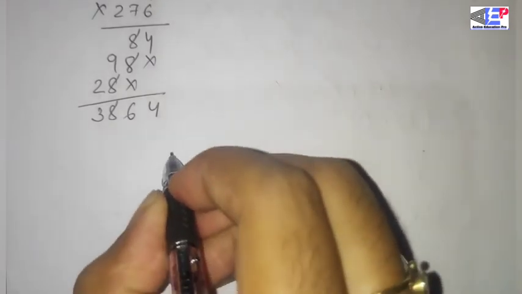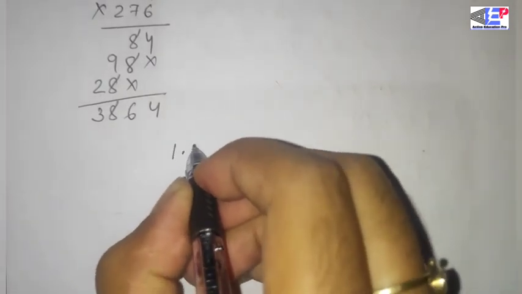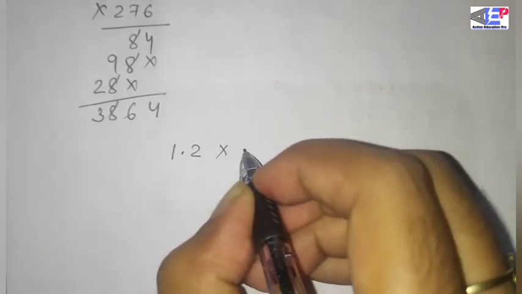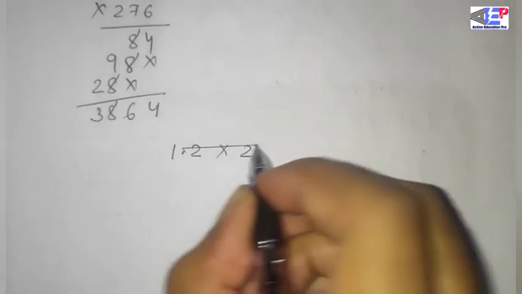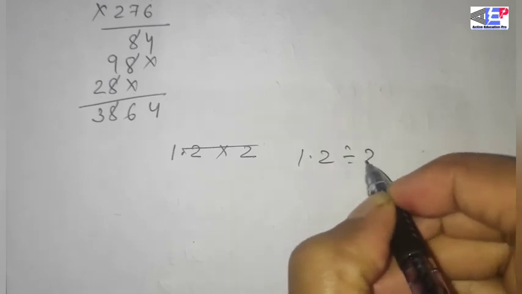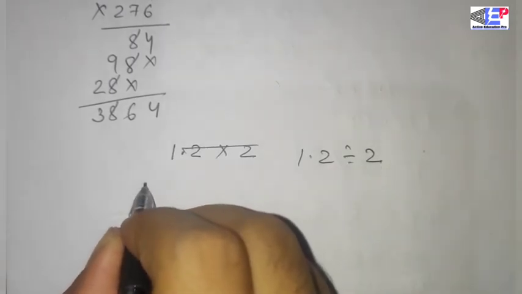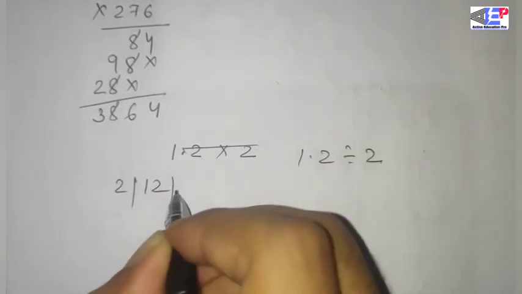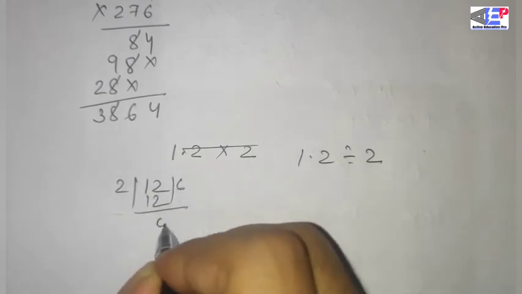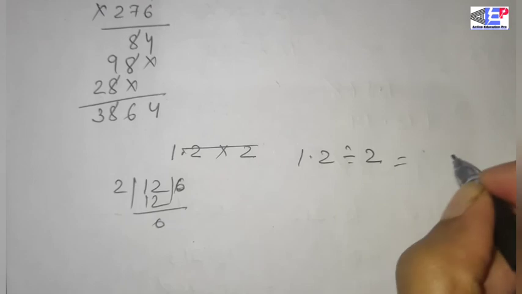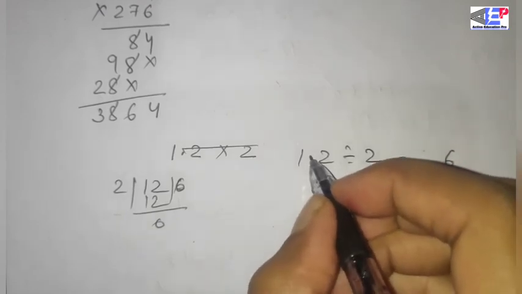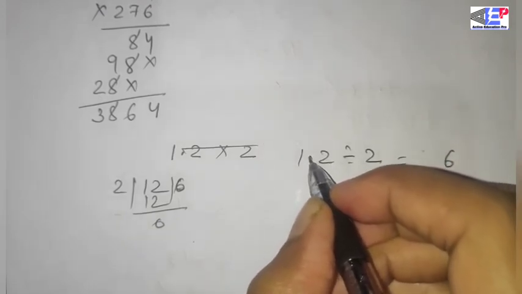If there is a number 1.2 divided by 2. 1.2 divided by 2. And you normally divide the number 12 by 2, which is equal to 6. So here the answer is 6, and here there is 1 decimal place after this point.